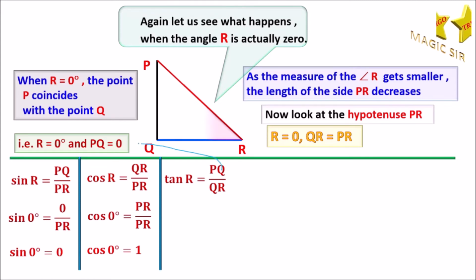So we put R equal to 0 degrees and PQ equal to 0. So tan 0 degrees is equal to 0 upon QR. So we have tan 0 degrees is equal to 0.